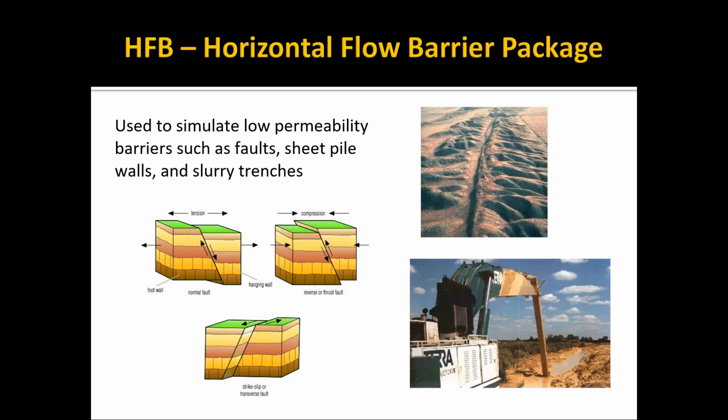Another use of this is to simulate low permeability cutoff trenches, sometimes to encapsulate a site. Maybe we have contaminated groundwater and we want to make sure it doesn't migrate off our property. You can dig a trench and backfill it with low permeability slurry, and that becomes a barrier to flow as well. It doesn't completely stop the flow, but it's a low permeability barrier that there's a certain amount of head loss as you go through that barrier.